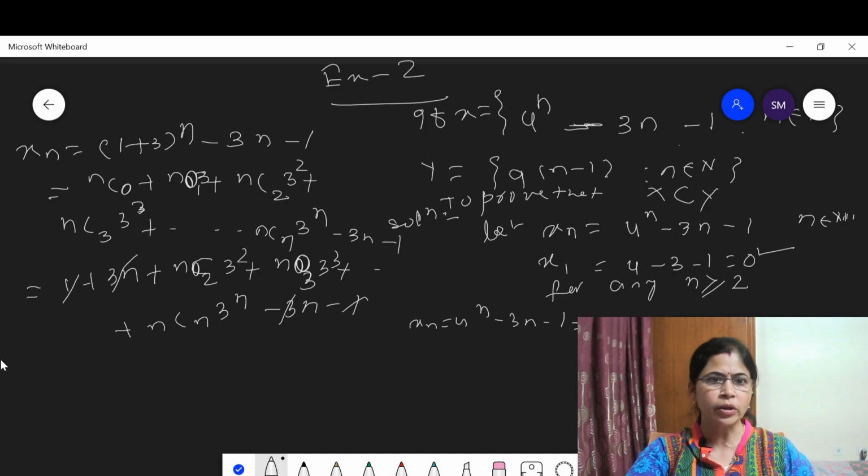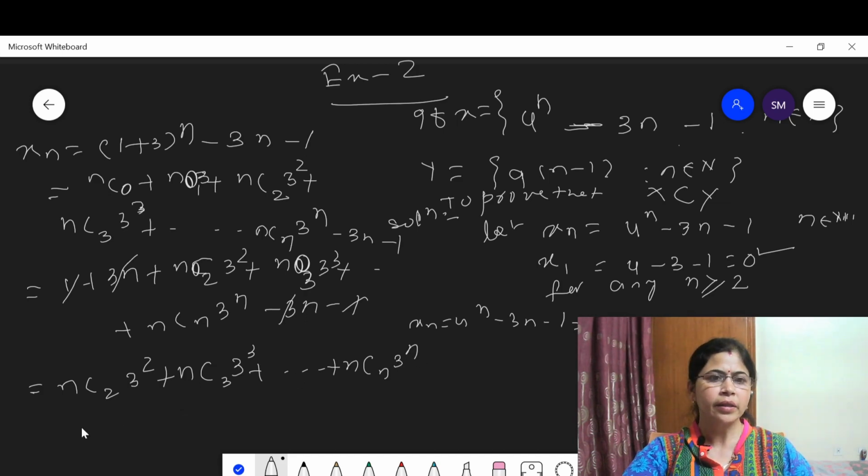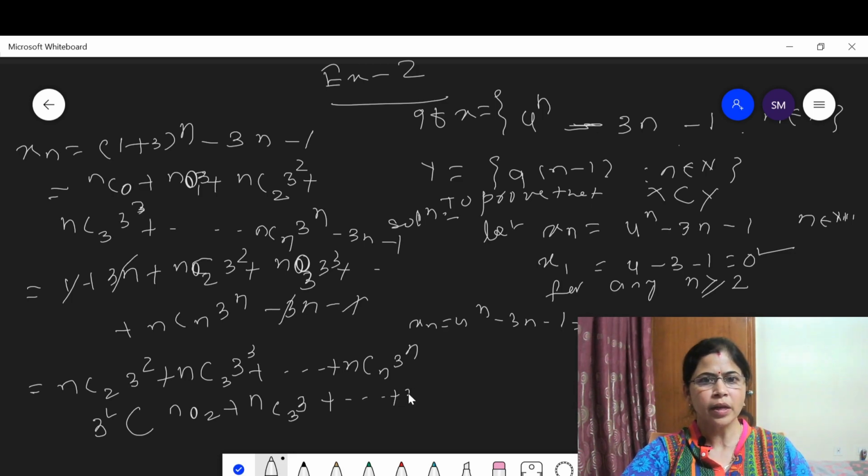Then this is equal to nC2 3 square plus nC3 3 cube, and so on up to nCn 3 to the power n. Then taking 3 square common, you get nC2 plus nC3 into 3 plus, in this way, plus nCn 3 to the power n minus 2.